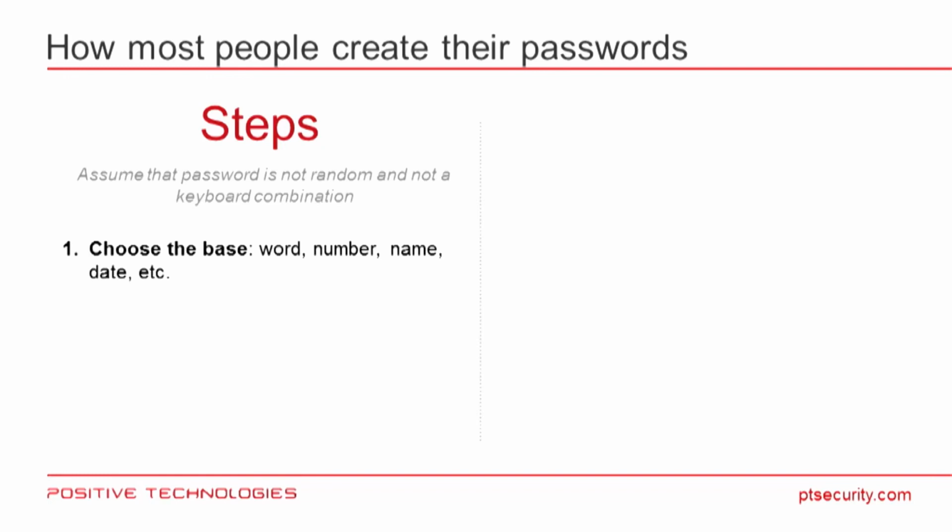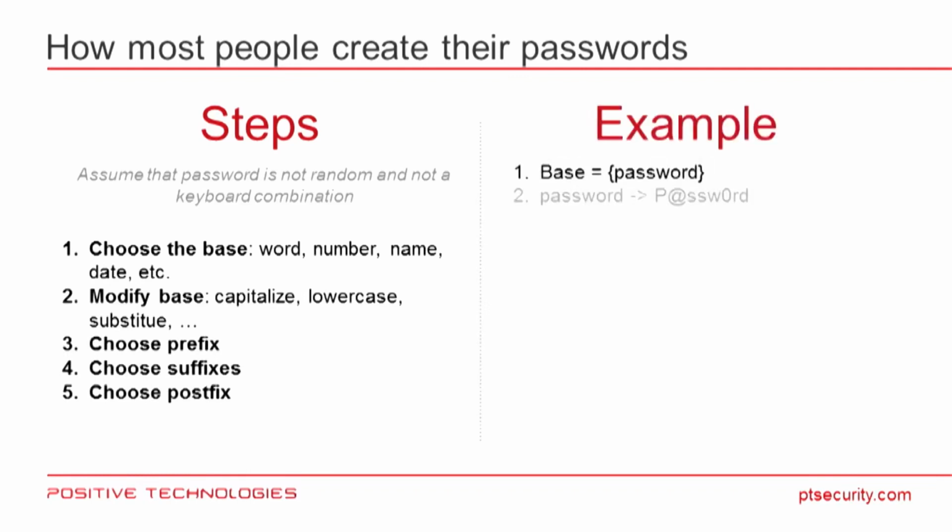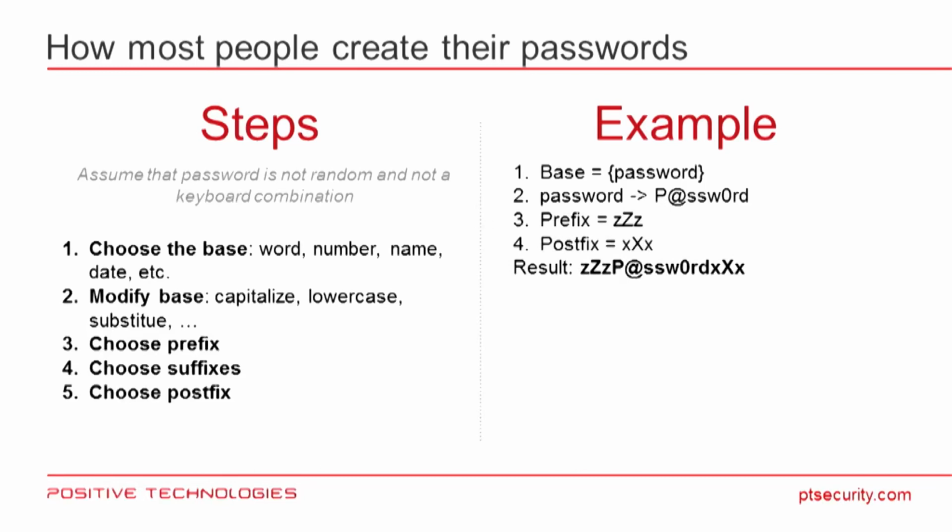They take some base word, like a name or a birth date, because it's easy to remember, and they transfer this basic word by adding a suffix or a prefix to it. For example, a password can be transferred with a prefix like that.